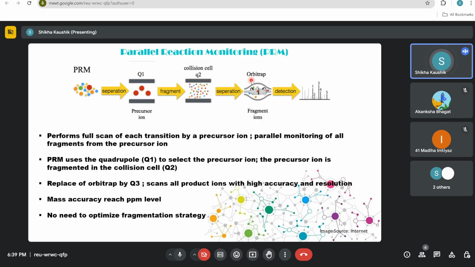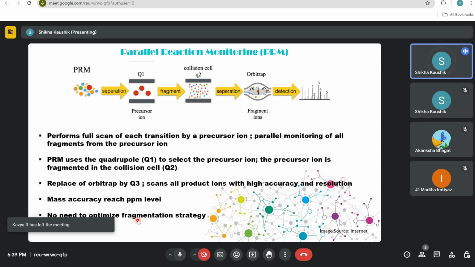Mass accuracy reached to ppm level in this case. No need to optimize fragmentation strategy because you don't want to select any fragment, you want to read all the fragments. So you don't need to have any kind of a strategy for doing fragmentation, that you may lose your sample or you may lose your fragment. That is not happening in this case. Okay.